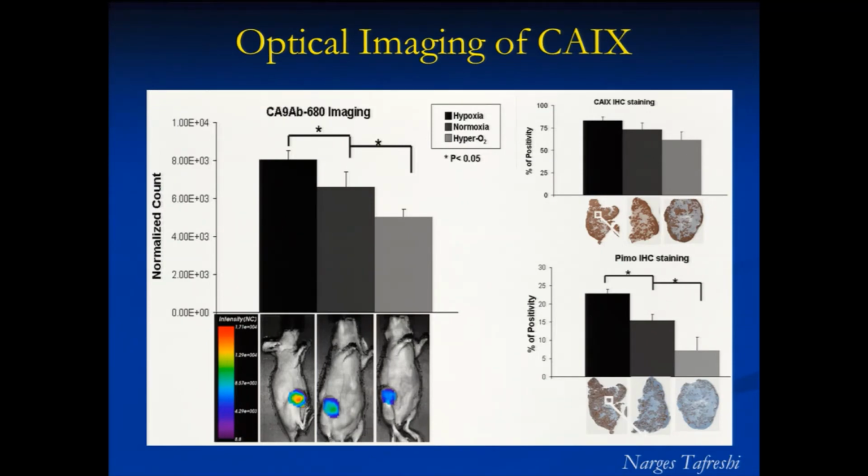The subsequent uptake of this probe showed a significant increase in hypoxia and a decrease in hyperoxia. This was correlated with pimonidazole, which also builds up inside tumors, and the same relationship of significant increases in hypoxia and decreases in normoxia was observed.